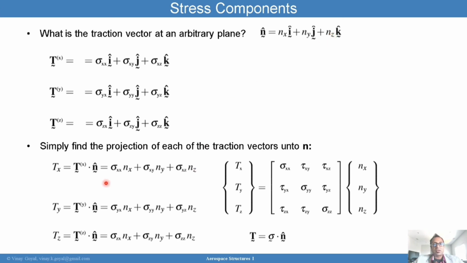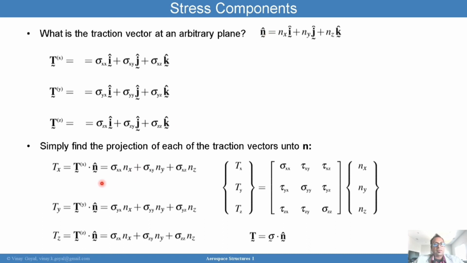And so that's going to give me the component of that traction in the x direction on that plane defined by this normal, which is a unit vector n.